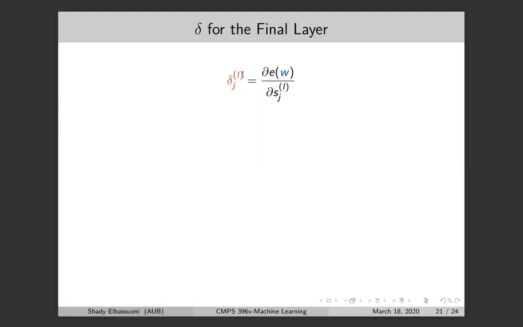Delta j of L for the final layer is equal to the partial derivative of the error with respect to the signal at the final layer. So for the final layer, L is equal to capital L and j is equal to 1, because we're assuming we only have one neuron in the outer layer.